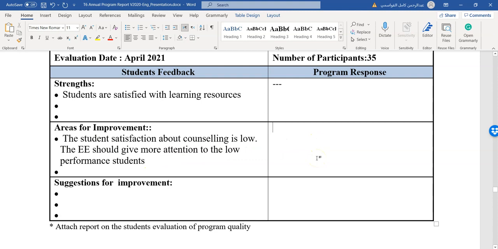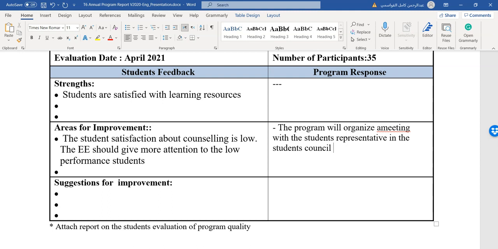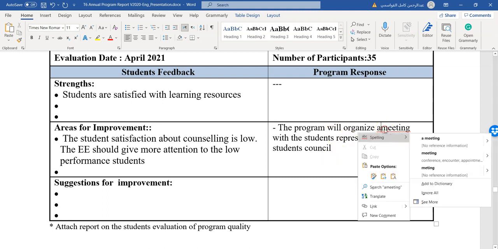The response from the program. The program will organize a meeting with the students' representative in the students' council, and so on, to discuss this issue.